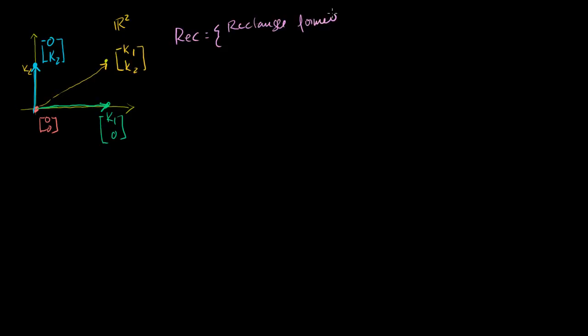So the rectangle formed by connecting points specified by these guys here. So if we call this vector A, this is vector B, this is vector C, and then this is vector D right here.